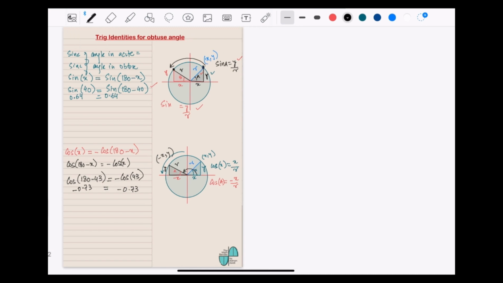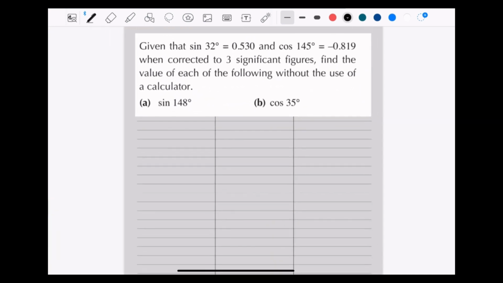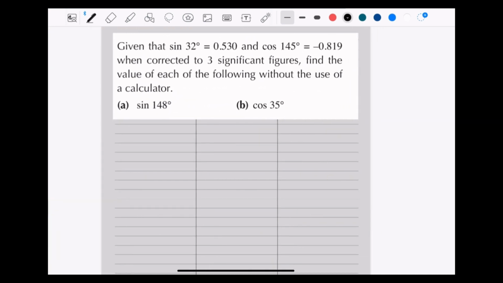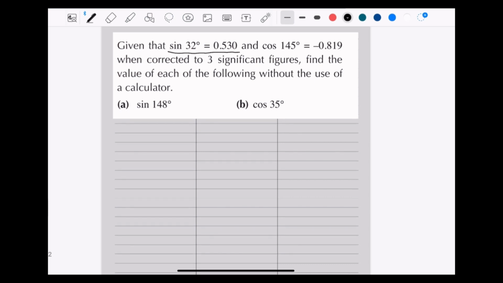So let's move forward and see some examples. It's a non-calculator question. They have given you these values. So for part A, I can write sine of 148 according to our identity.